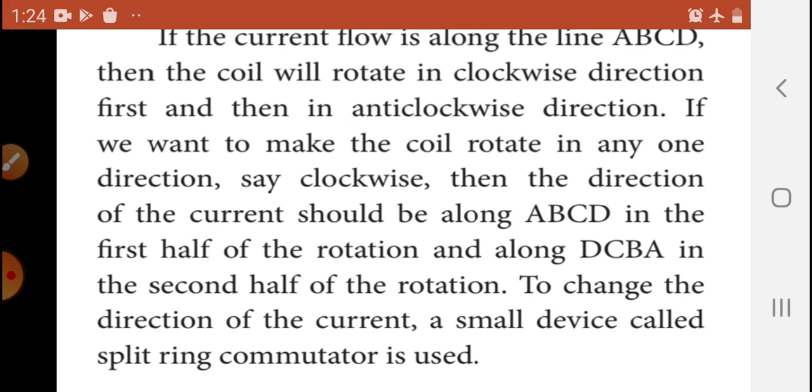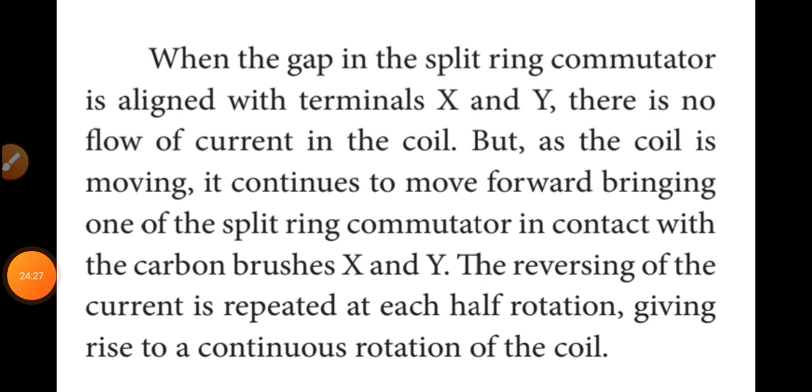This is the electric motor, based on these working conditions. Now, when the gap in the split ring commutator is aligned with the terminals X and Y, one terminal X and another Y, there is no flow of current in the coil.